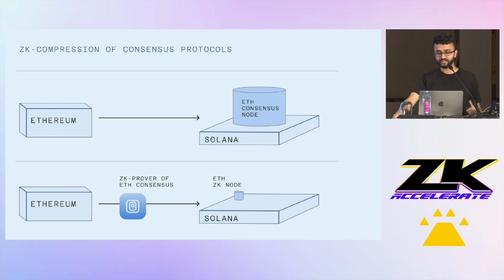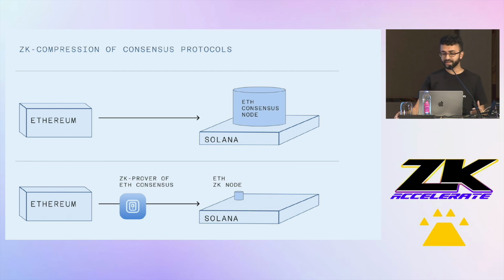In order to solve this problem, as I discussed, we run these ZK provers, which create validity proofs of the consensus execution of the Ethereum consensus node. All the computation requirements are offloaded off-chain, and you can simply run a simple ZK light client node on Solana, which can validate all the proofs coming from the prover, and you can verify transactions quite cheaply.